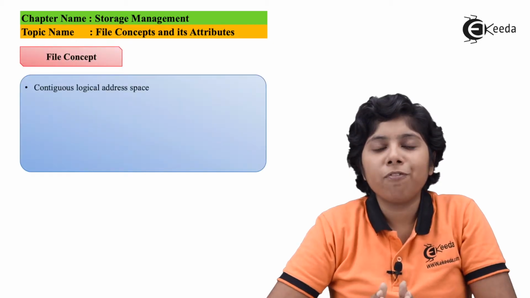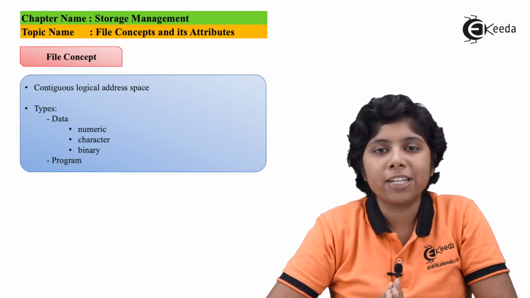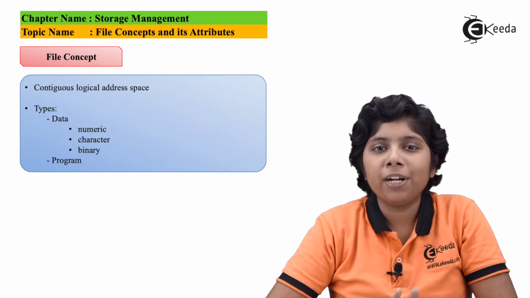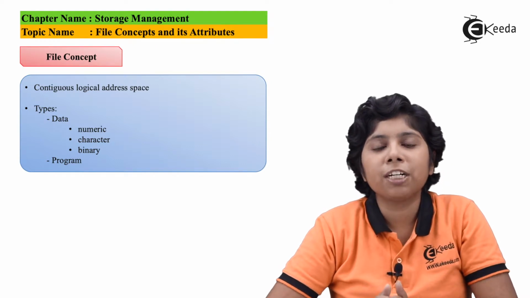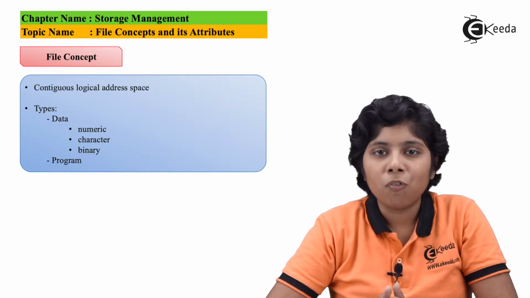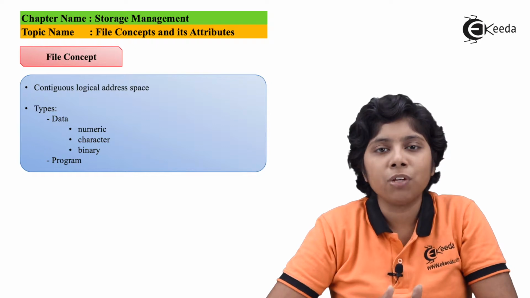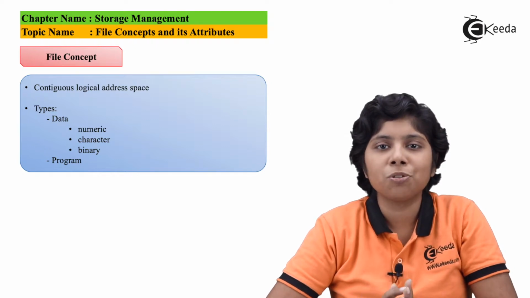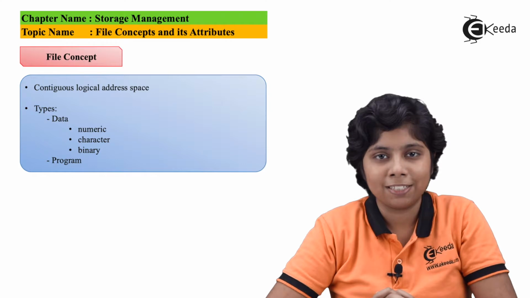Computers can store information in various types of storage devices such as magnetic tapes, magnetic disks, and so on. For the convenience of using the computer system, the operating system provides a unique logical view of the information stored in those storage devices.